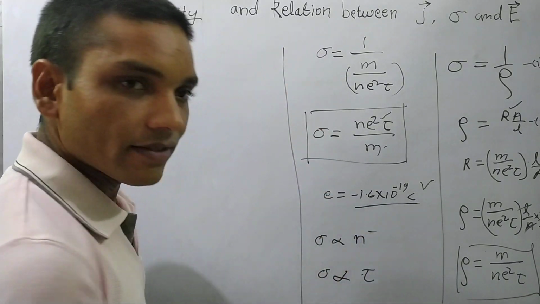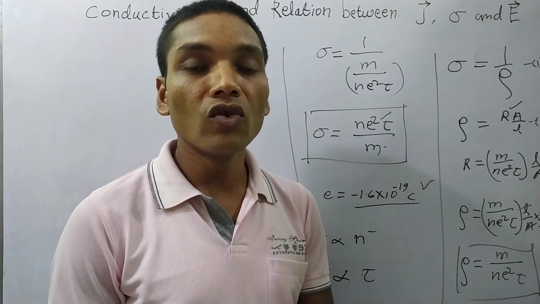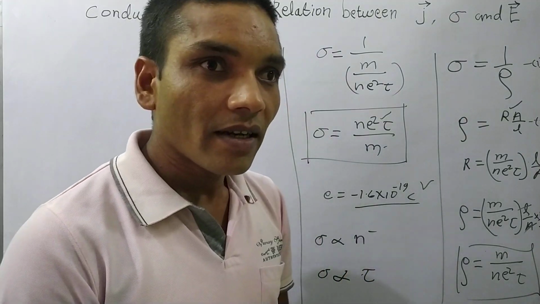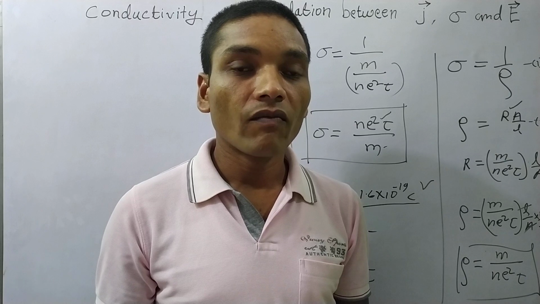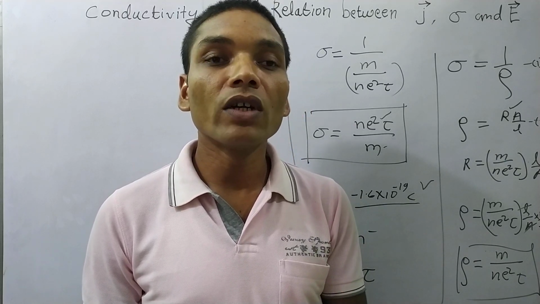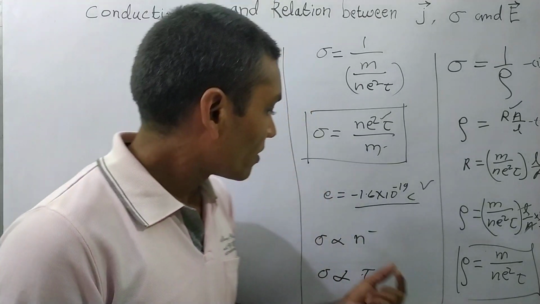What is n? n is the number of free electrons per unit volume of that conductor. For different materials, the number of electrons per unit volume is different.